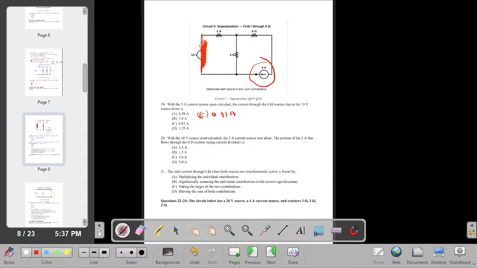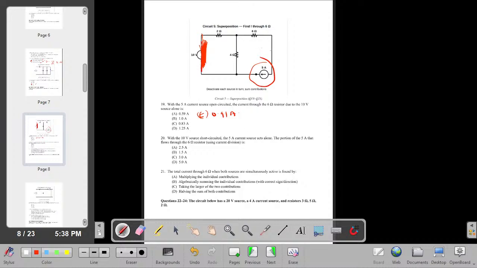So actually, the question said that with the 10-volt source short circuited, the 5 amp current source acts alone, right? The portion of the 5 amps that flows through the 6 ohm resistor using current division is. So they even stated clearly that we should use current division to solve this problem.